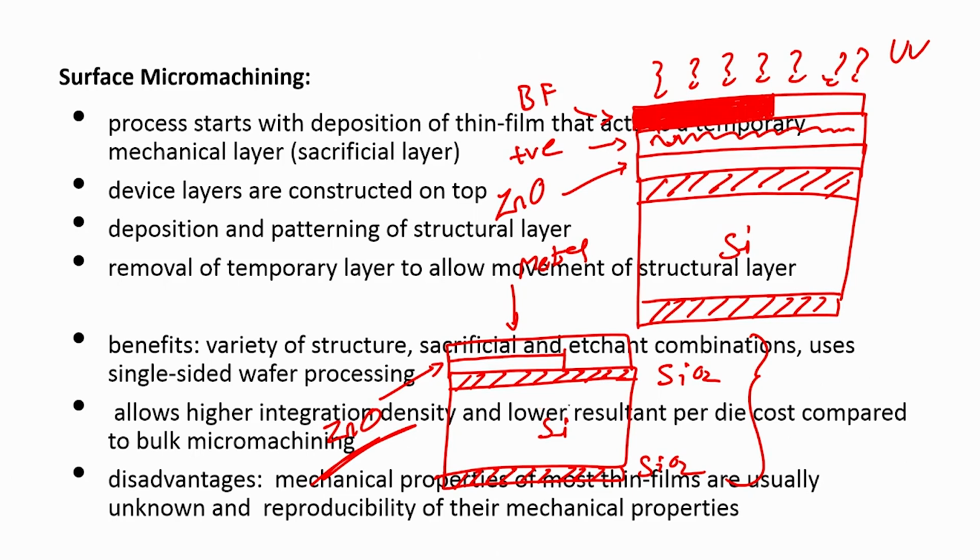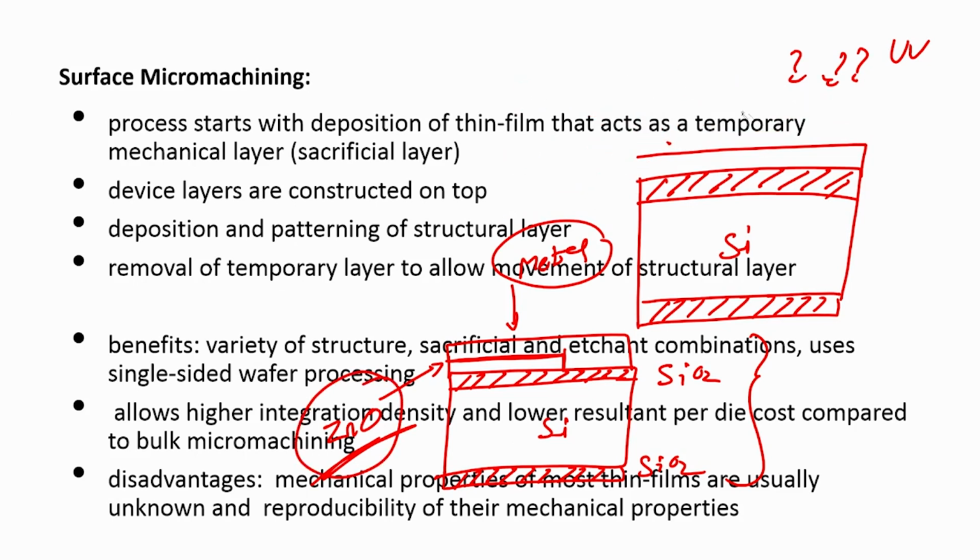You understand? See, there is an oxidized silicon wafer, we have patterned zinc oxide in this particular step, right. Now, on this I am depositing a metal using physical vapor deposition, and I am dipping this wafer in zinc oxide etchant. So, what will happen is the zinc oxide will get etched.